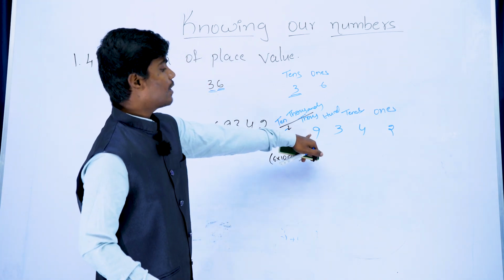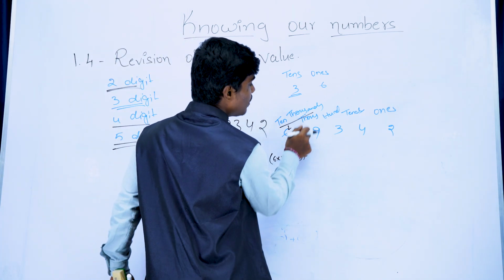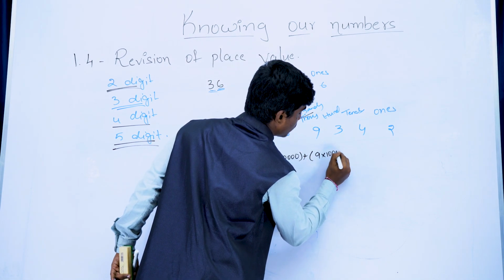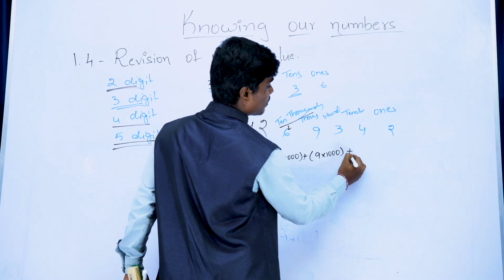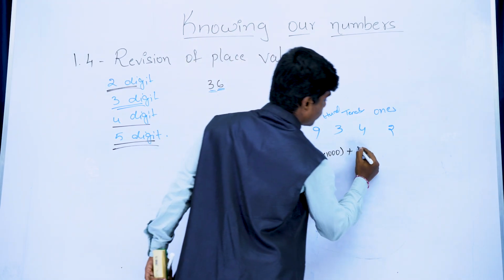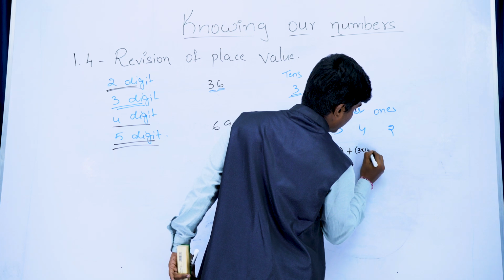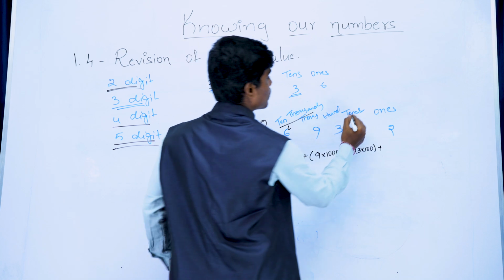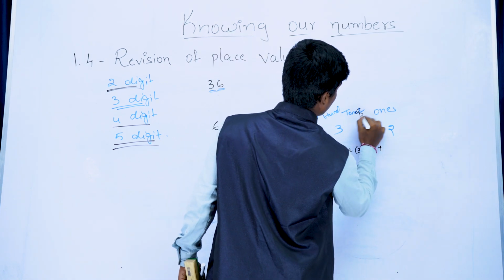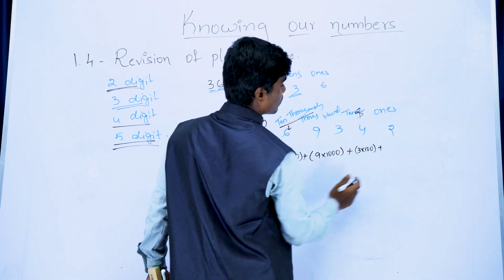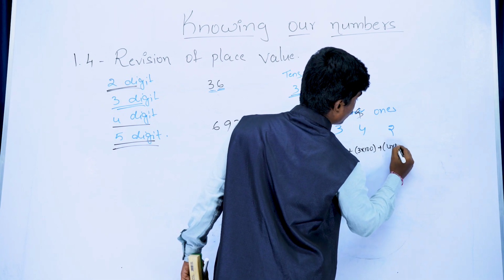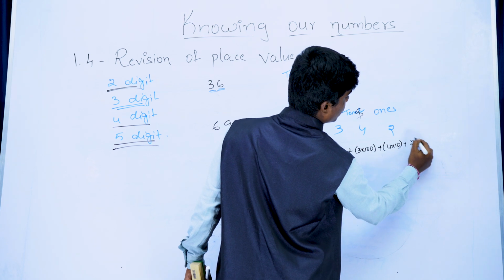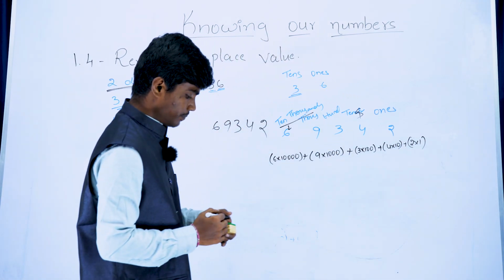In the thousands place we have 9, so 9 into 1000 plus 3 hundreds, so 3 into 100, plus 4 tens, written as 4 into 10, and 2 ones, 2 into 1.